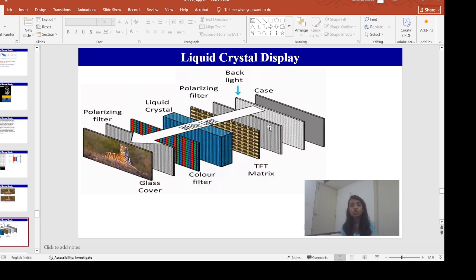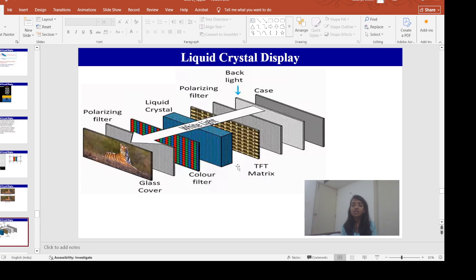So when the vertically polarized light wave falls on this liquid crystal thin film, if I want to control the intensity of the light coming out from it, what do I need to do? I need to manipulate the orientation of the liquid crystal molecules over here. And how can we do that?